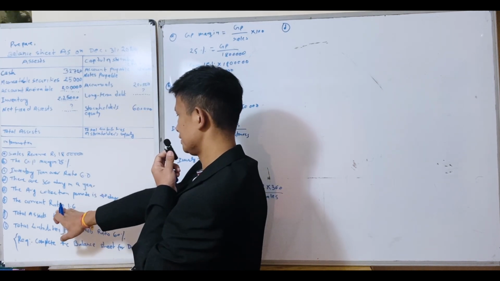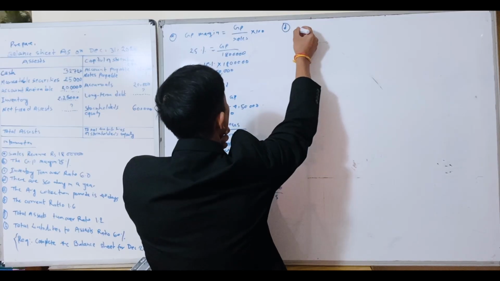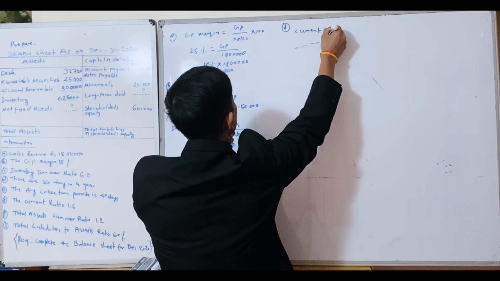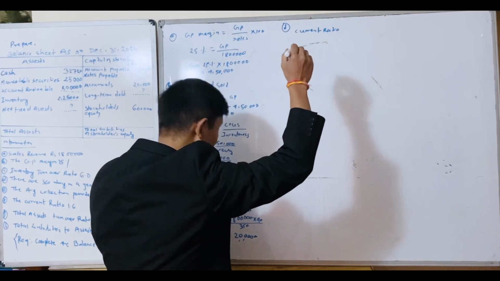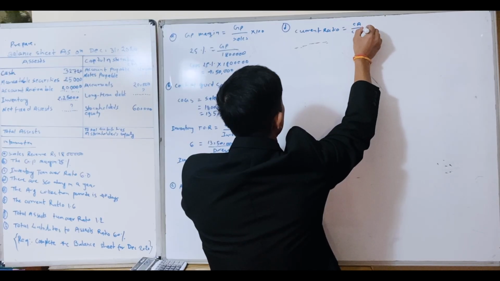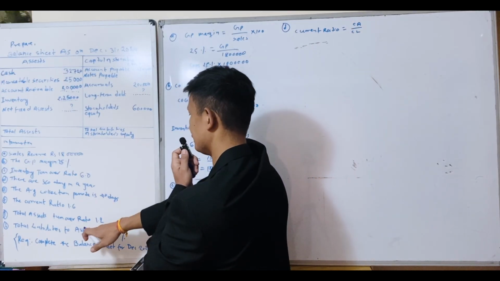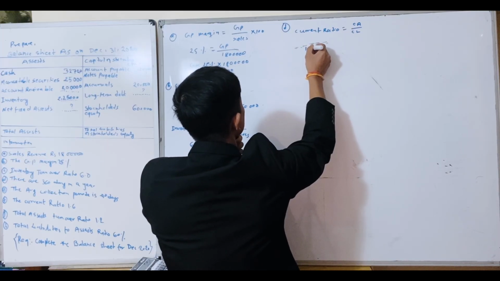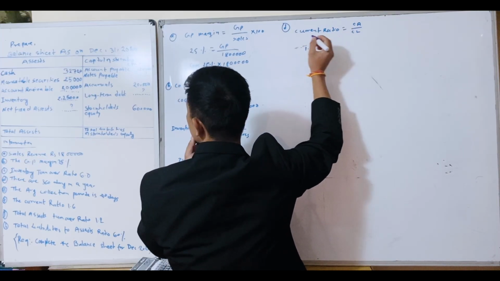We are given informations as a current ratio. What is the formula for this? Current ratio is current assets divided by current liabilities. So current ratio we are given as just 1.6 times. So current ratio, how do you find out?